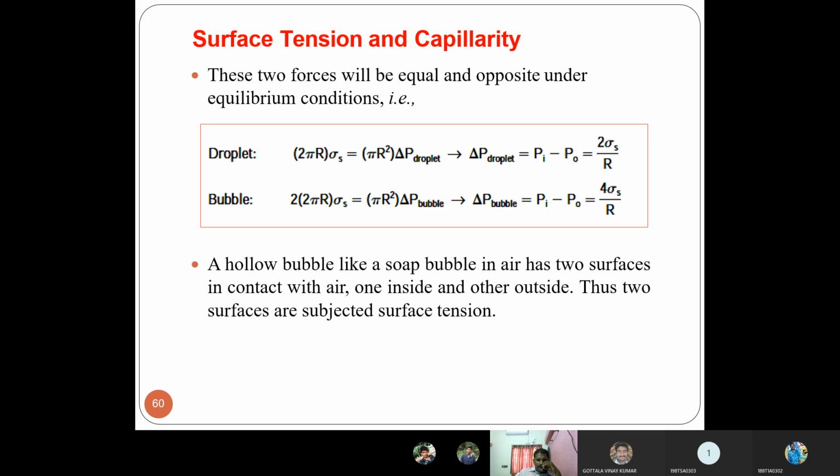Yes or no? If you simplify it, what will happen? 4 into 2 into sigma s by D will come. Therefore, 8 sigma by D will come.